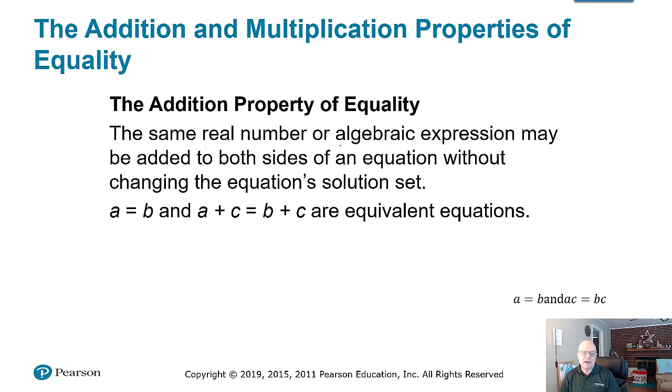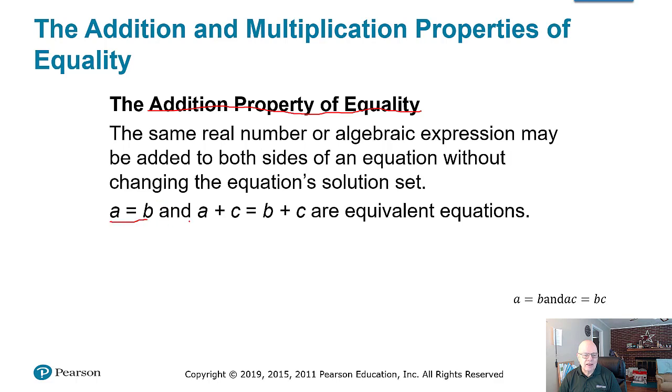Now I've got some properties that allow us to solve these equations. The important thing about this first one, and there we go, the addition property of equality. Very simply, it means you add the same thing to both sides and you get an equivalent equation. In other words, you're just talking about the same x that solves the equation that you started with as the one that you have currently.